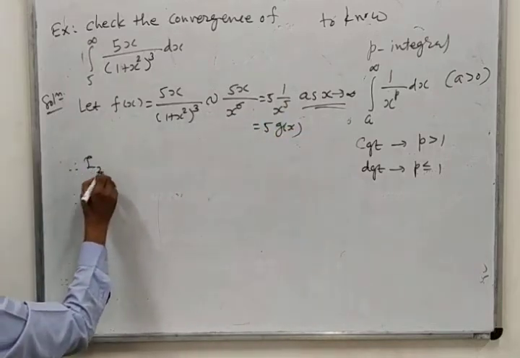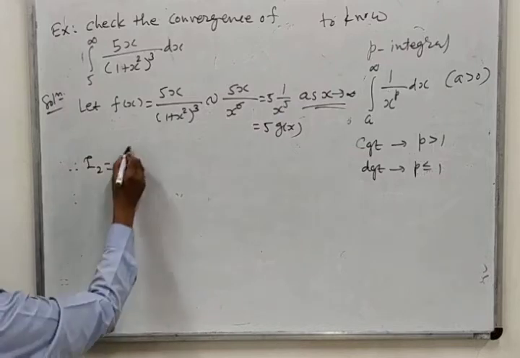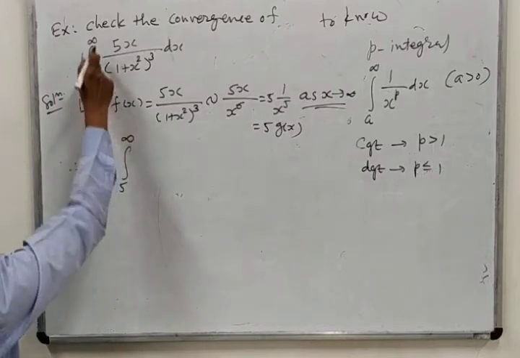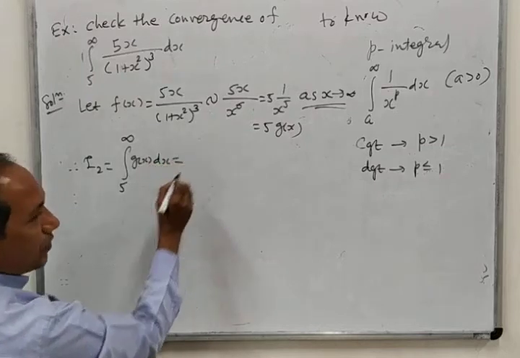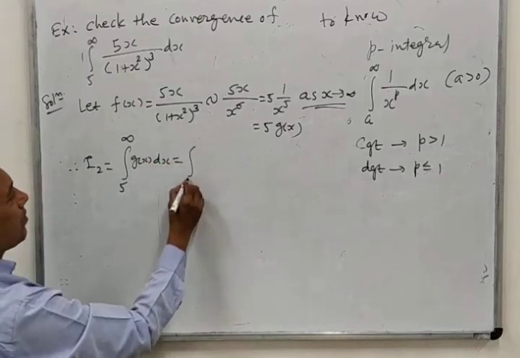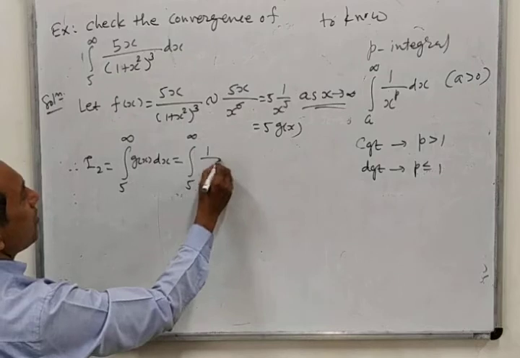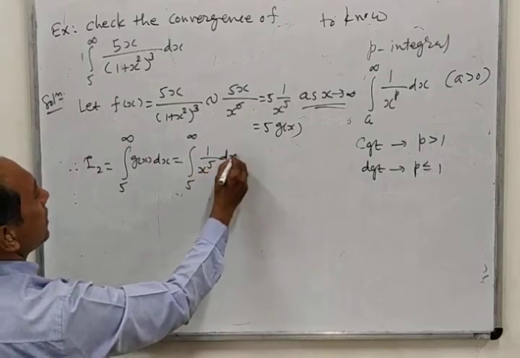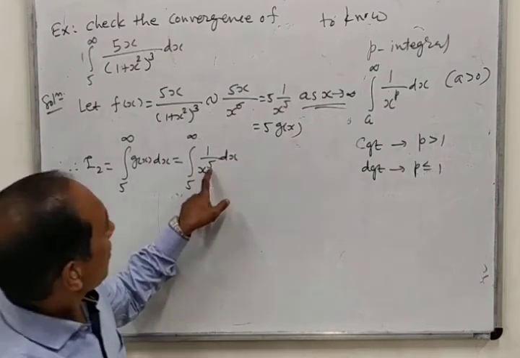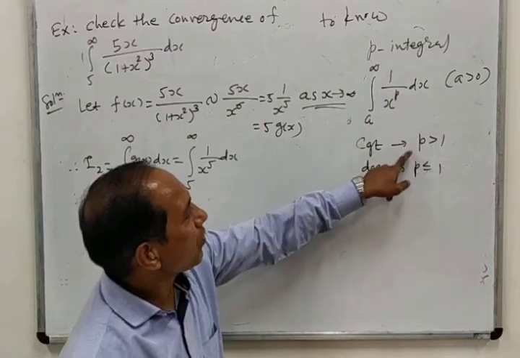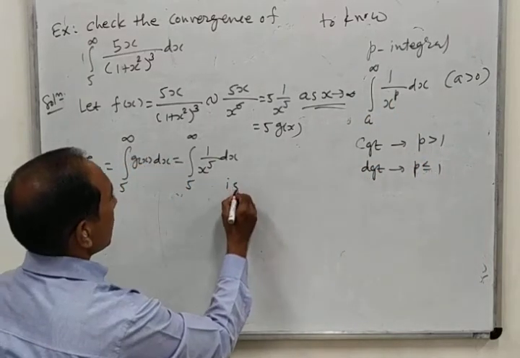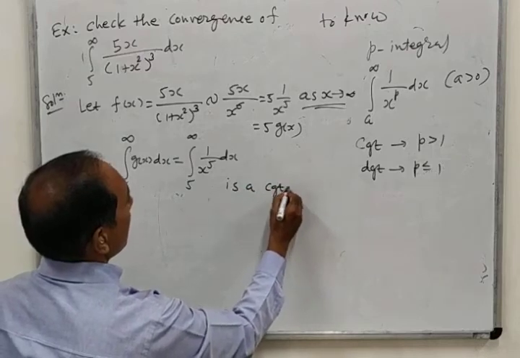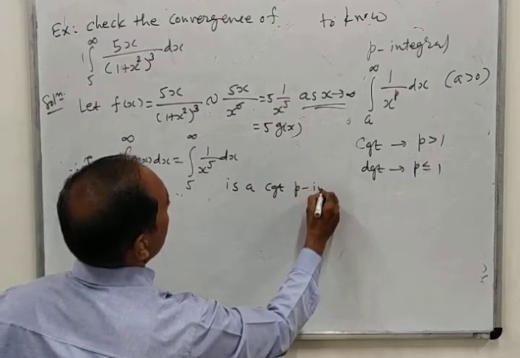Therefore I2 equals integration from 5 to infinity, same limit, of g of x dx, which equals integration from 5 to infinity of 1 upon x raised to 5 dx. Here p equals 5, which is greater than 1, so it is a convergent p integral.